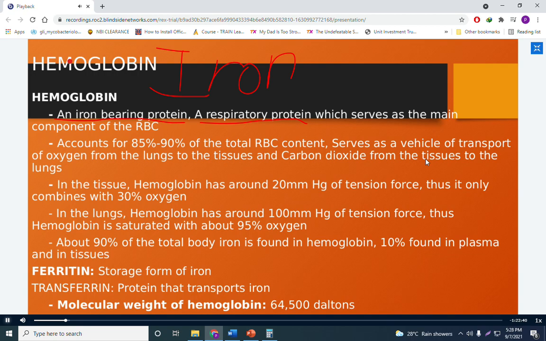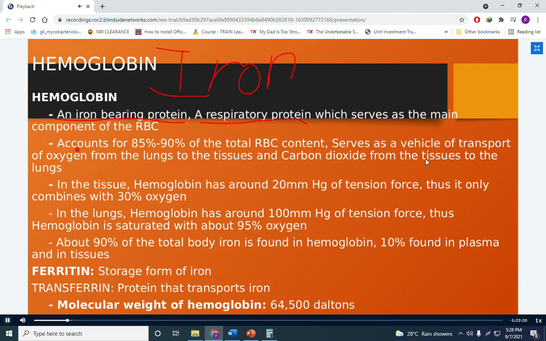Okay. Responsible for carrying oxygen. What else aside from oxygen class? Ano pa yung kinikerry niya? You have your carbon dioxide.